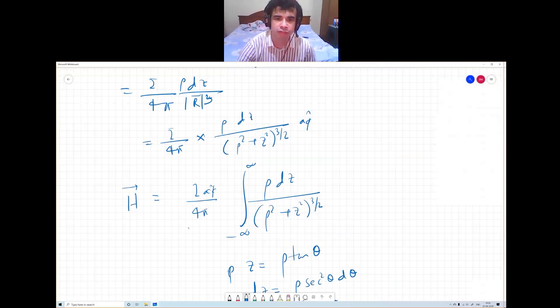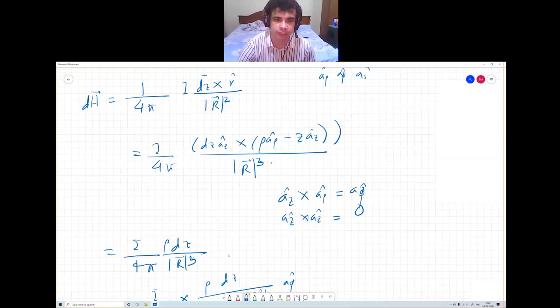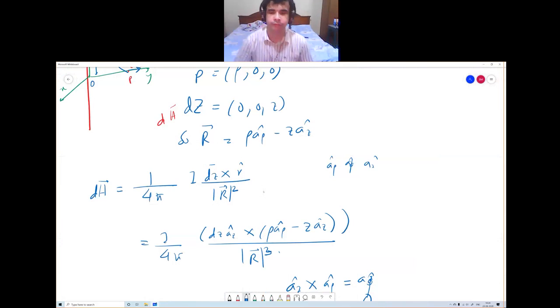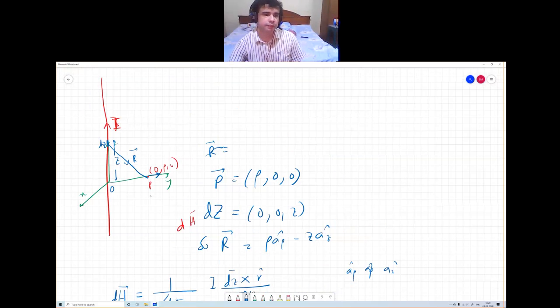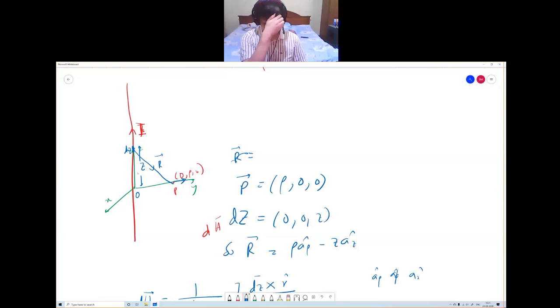I am showing the repetition to you again for your convenience. We started here. Our P was rho, 0, 0, because rho is pointing outwards, and dz was 0, 0, z.